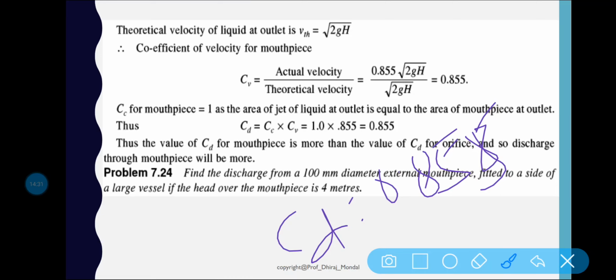Clear? So the discharge through the mouthpiece will be more. That is why in case of more discharge you need to take a mouthpiece. Okay, so that will be required.